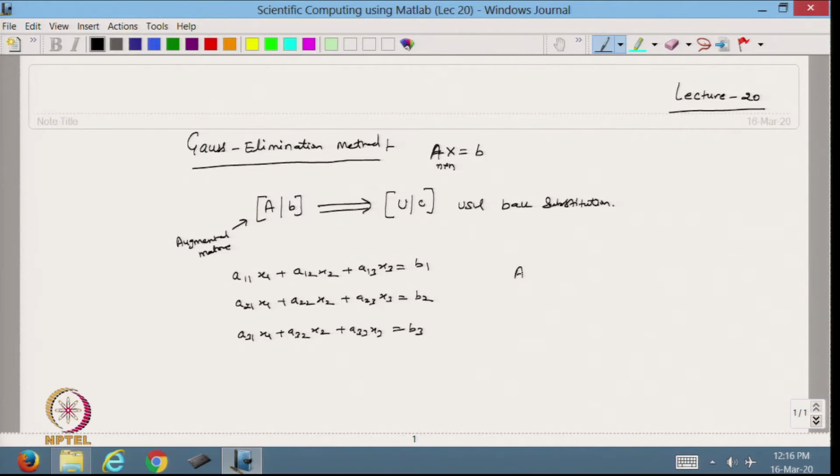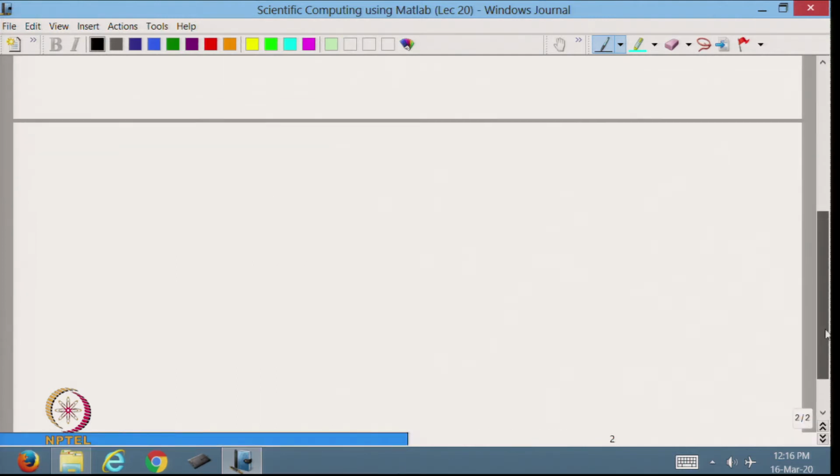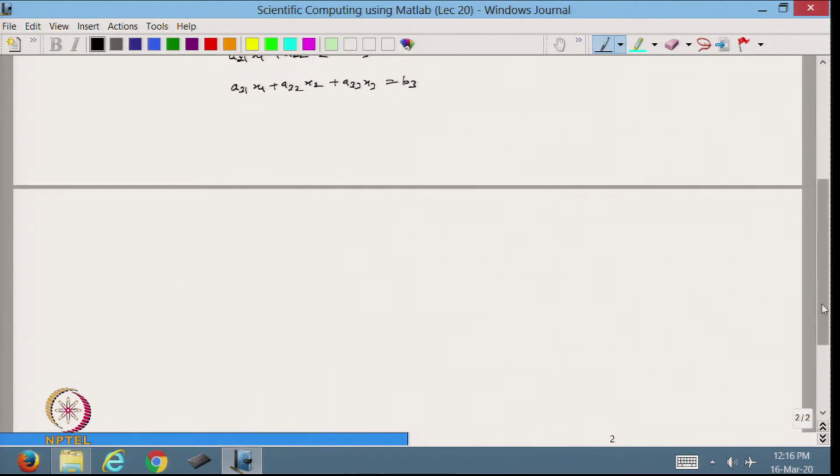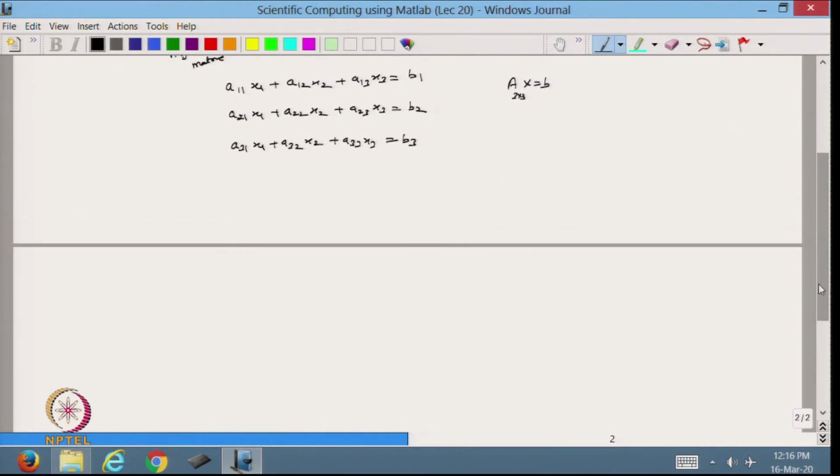So, this is my system Ax is equal to B, and I am taking a 3 by 3 matrix. This is my system of equations.